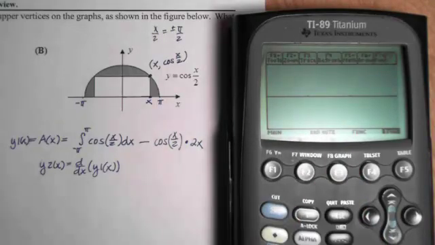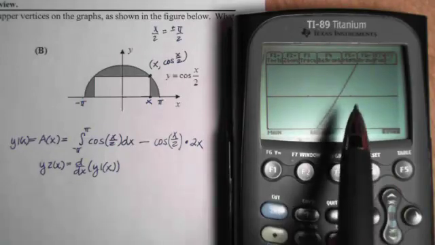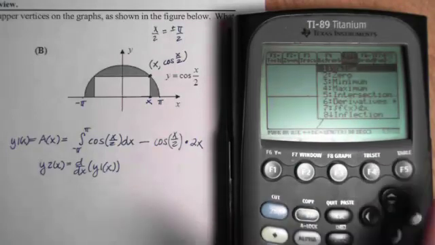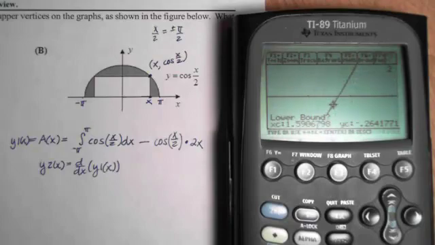If I graph now, and I wait for that y2, I'm looking for where the graph comes from below to above. Okay, we see that the x-intercept occurs here, so I can go find it. Doing an F5, look for the 0. We're on the lower already. We move to the right, now we're on the upper.